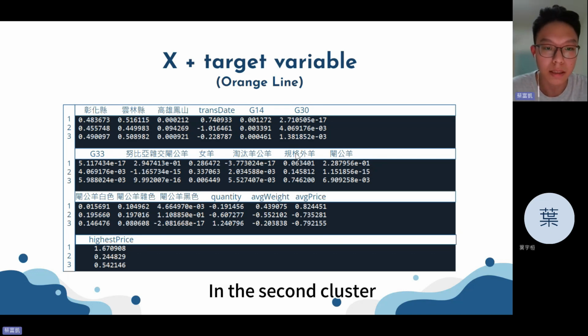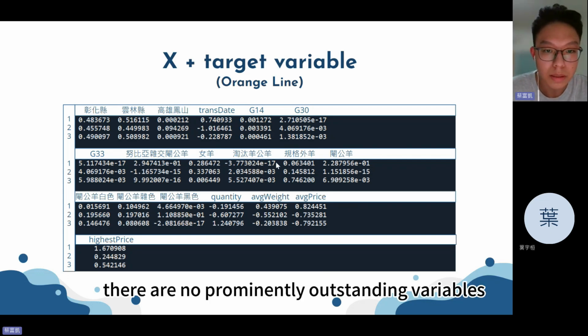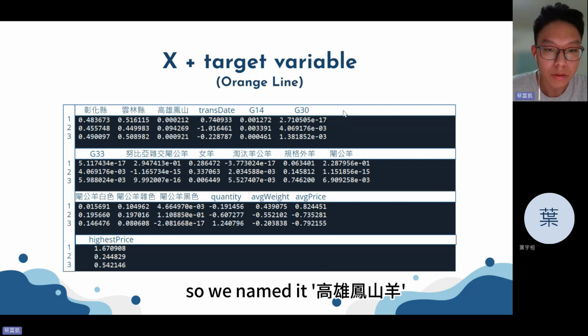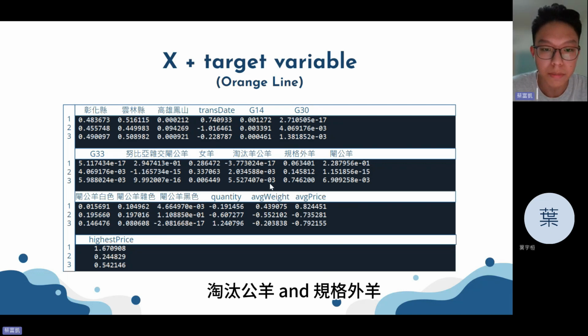In the second cluster, there are no particularly outstanding variables, but the proportion is highest in 高雄凤山, so we named it 高雄凤山羊. Finally, in the third cluster, we observe a significant proportion of 淘汰公羊 and 规格羊. Then high quantity but low price, so we named it 大众羊.